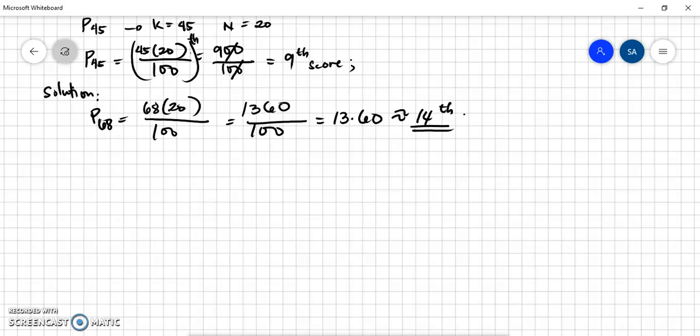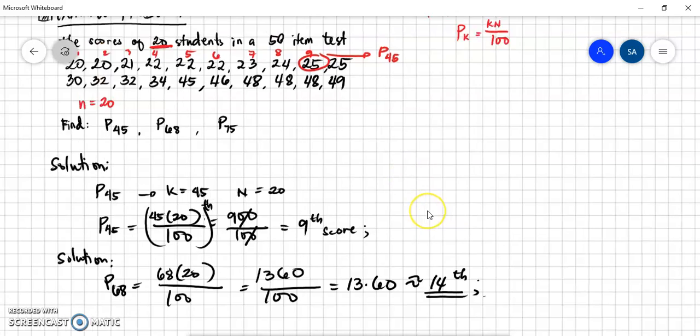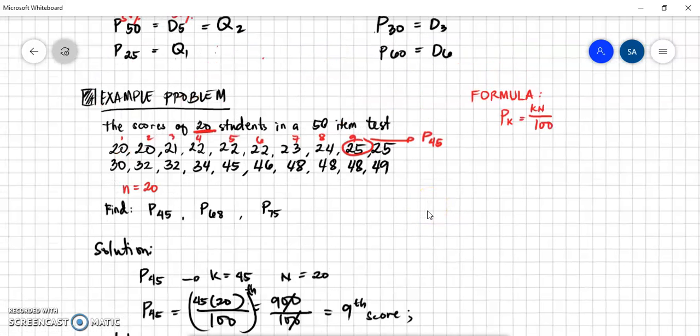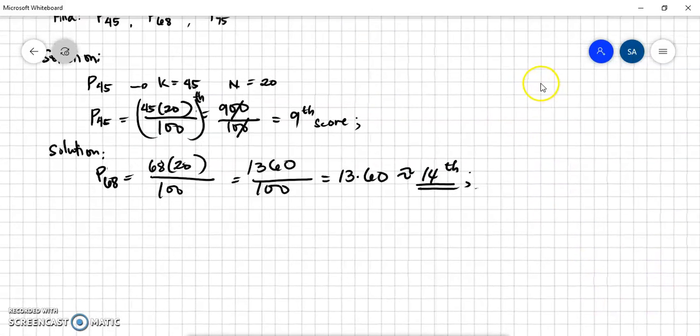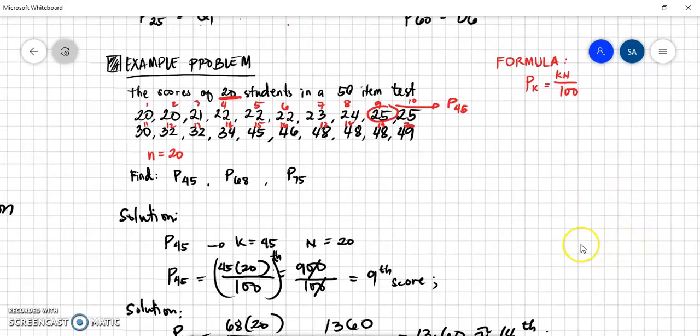So we can find the 68th percentile on the 14th place. So count tayo ulit. So meron tayong 9 doon. 9, 10, 11, 12, 13, 14, 15, 16, 17, 18, 20. So ang ating P68 or percentile 68 is at 14th place. Ang 14th place natin is 34.